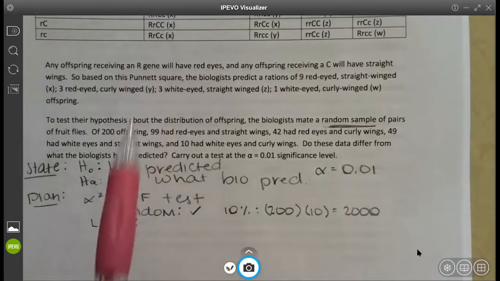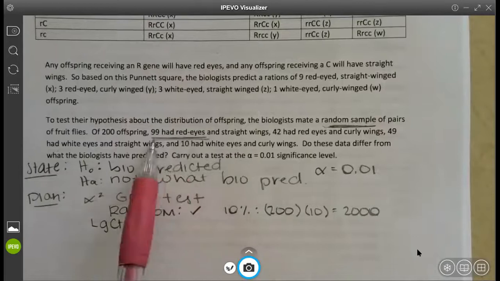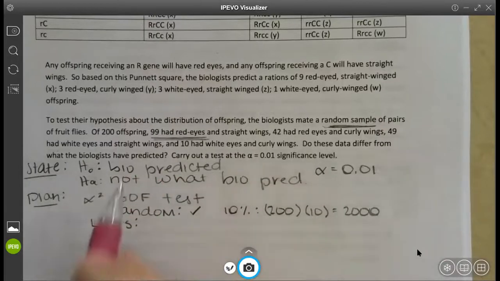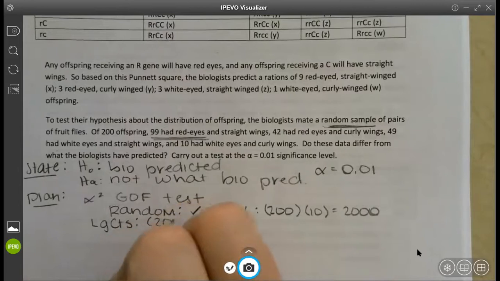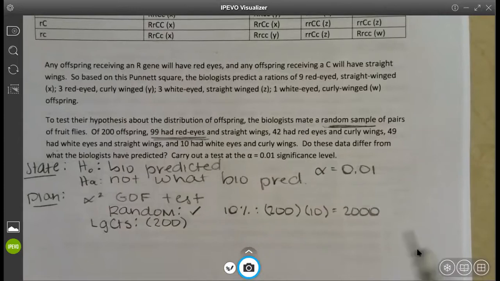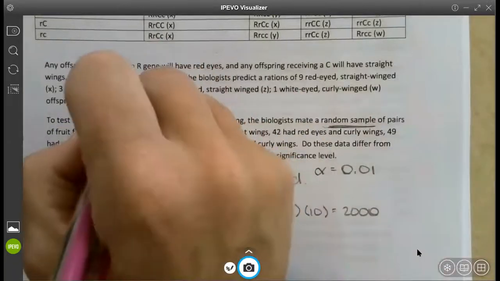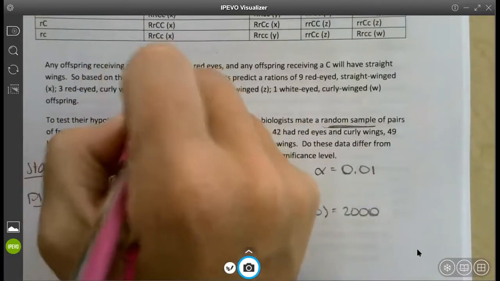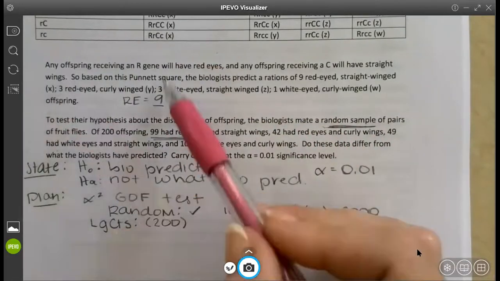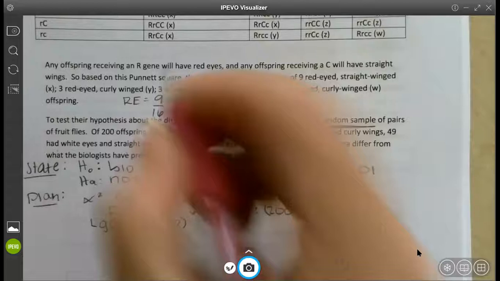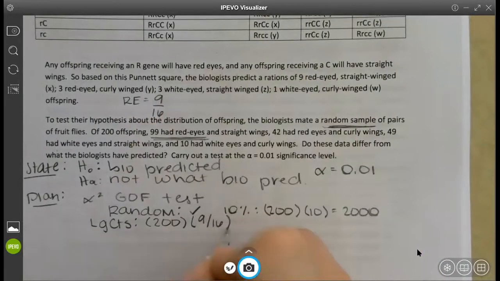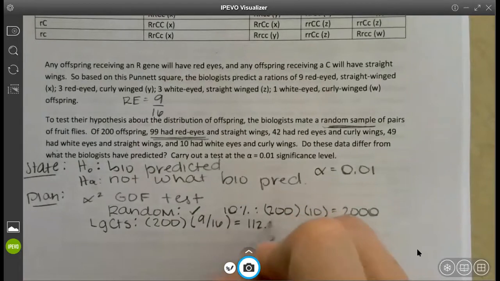Let's start with red eyes. There were 200 offspring, so that's your sample size, right? What was our percentage predicted of red eyes? That's this paragraph. So we had 9 out of 16. I left it in the fraction so that you can remember the total is 16. This gives you 112.5, so that's greater than 5.